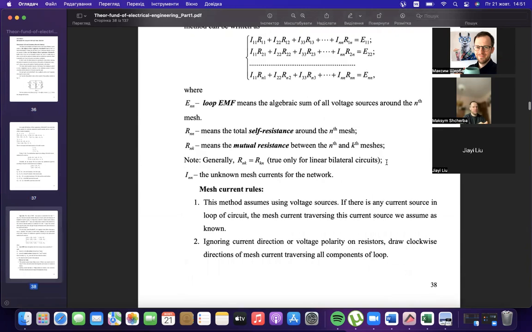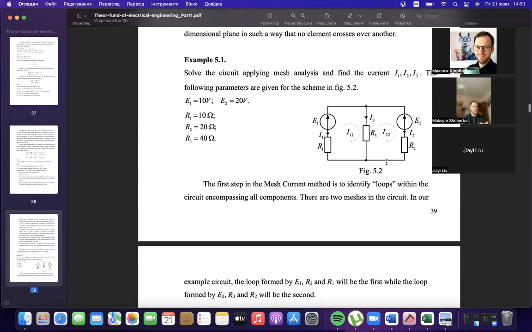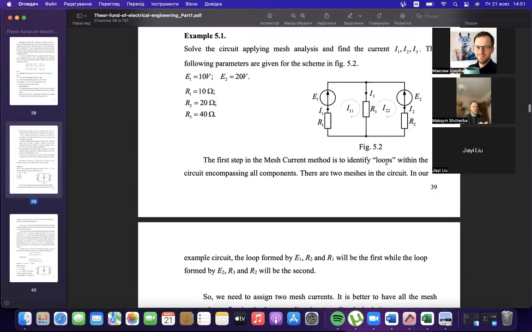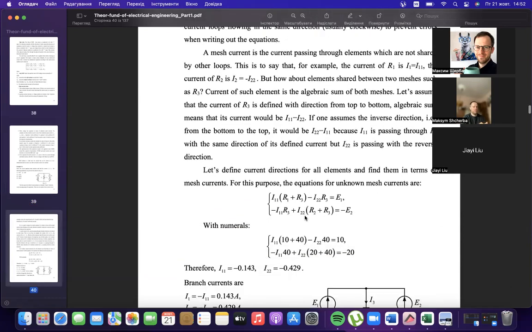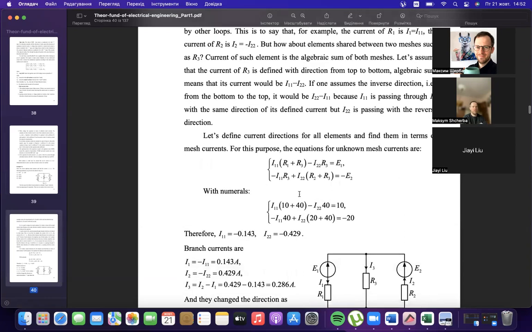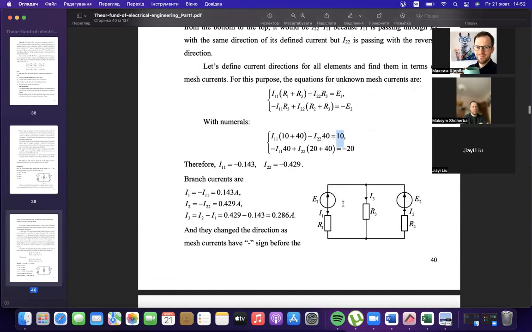And after you wrote these equations, for this task in numbers, with 2 electromotive forces and 3 resistors, you obtain a system in mesh currents, substituting the values of resistances and electromotive forces.